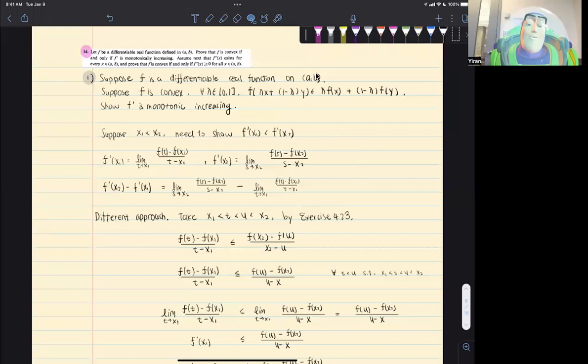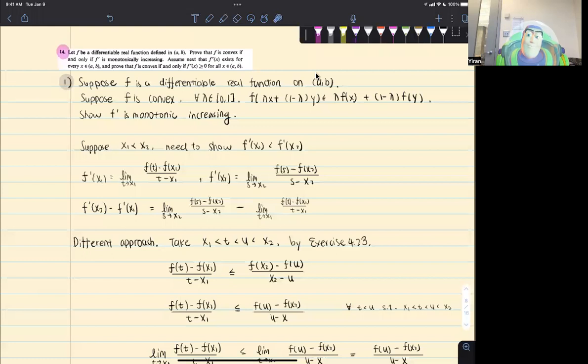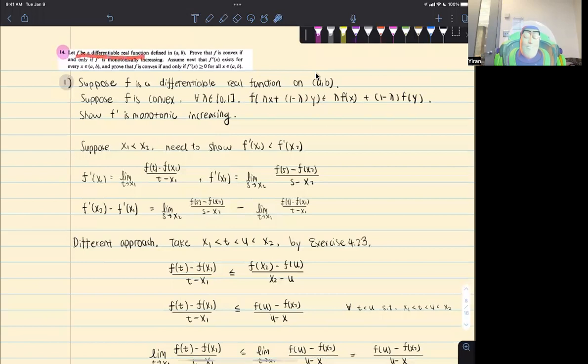The next problem is also a little bit challenging. Again, I don't have time to go over them in detail, but I will state the outline. The problem is a very classic calculus rule: f is differentiable, and we want to show that f is convex if and only if f prime is monotonically increasing.